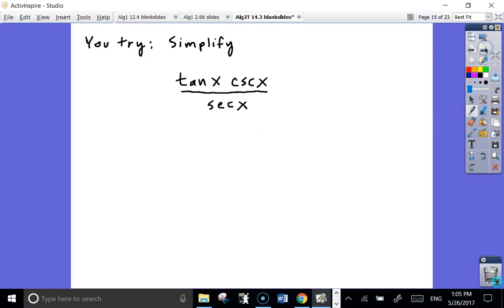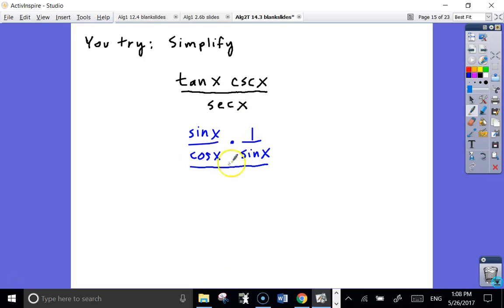Okay. Try that one. So what did this one equal? It's another 1. Do you get that? So if we break it down into sines and cosines, the tangent is sine over cosine. In the numerator, we still have this cosecant as 1 over sine.